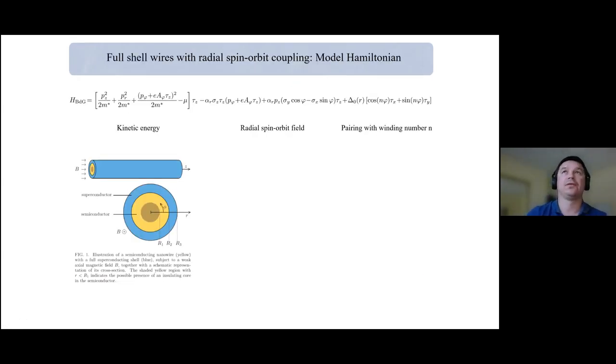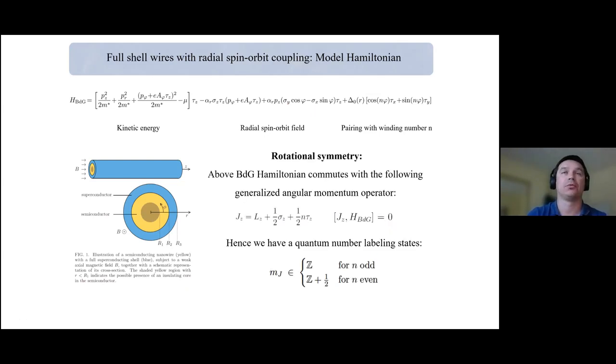If you rewrite that model in cylindrical coordinates, you will get a very long Hamiltonian. But the important point I want to emphasize is that there is an additional symmetry which allows one to simplify this Hamiltonian, and actually gives you a clue whether we can realize topological phases or not.